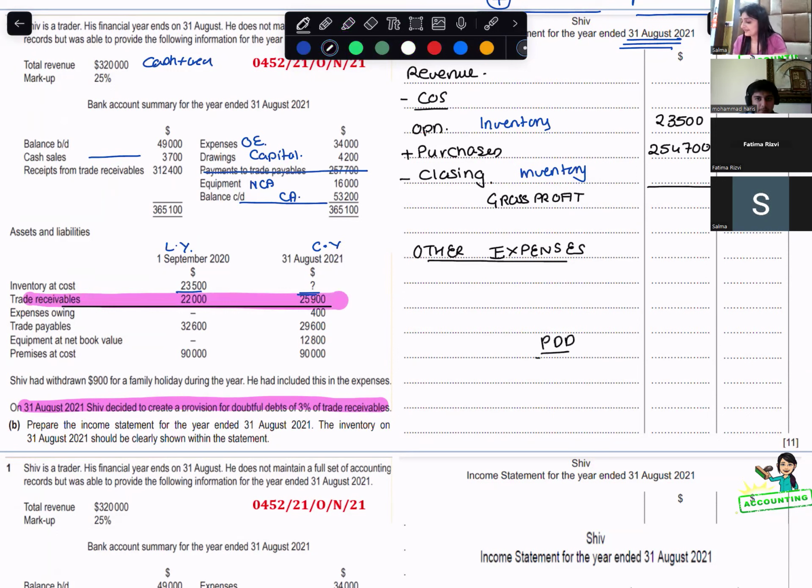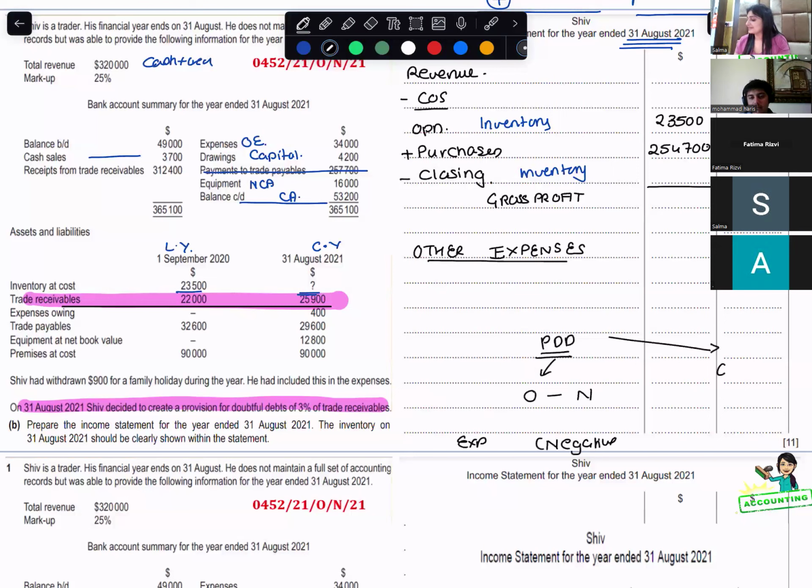When I record provision for doubtful debts in the income statement, what do I do? Increase in provision is an expense, decrease in provision is an income. Old minus new: if old minus new is negative, it is an expense. If old minus new is positive, it is an income. Old provision, how will you get?